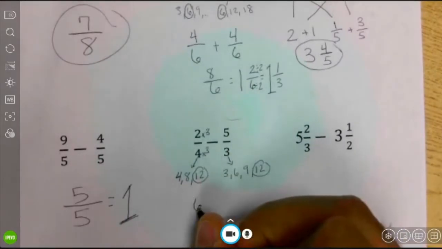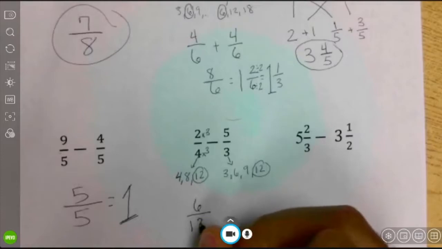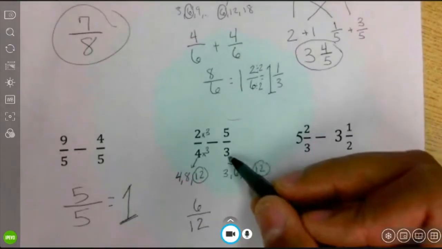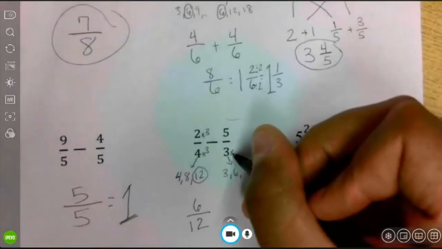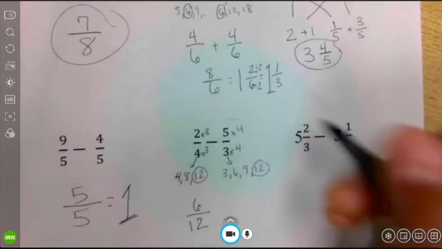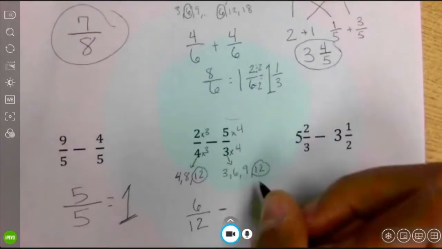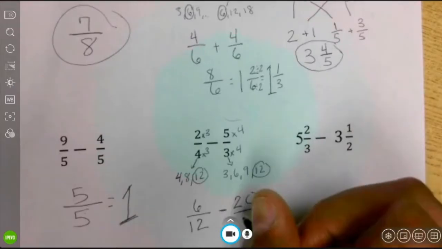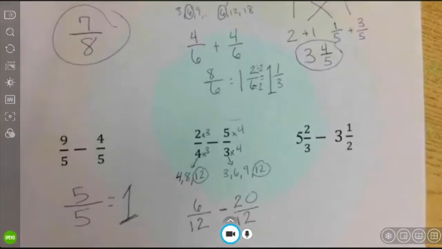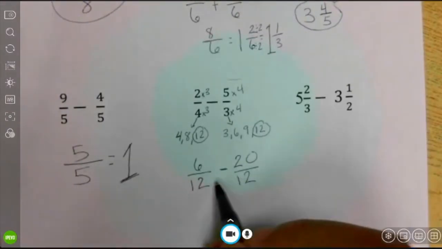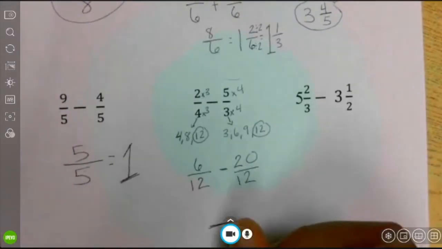So this fraction changes to 6 over 12. And then 5/3, we times this by 4, times this by 4. So this becomes 20 over 12. So now we have a common denominator.